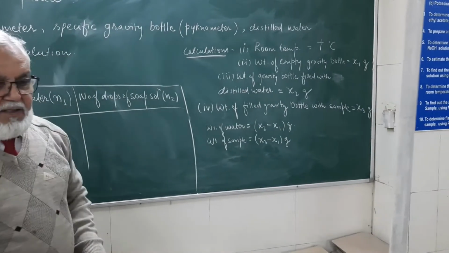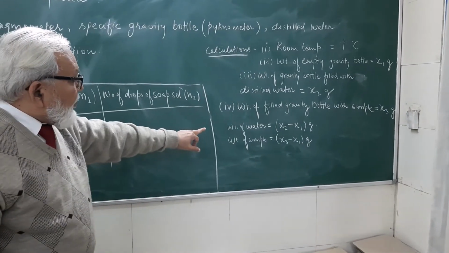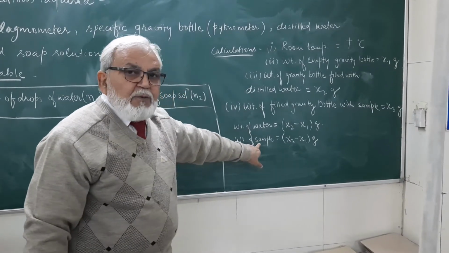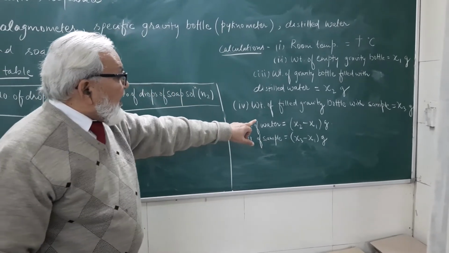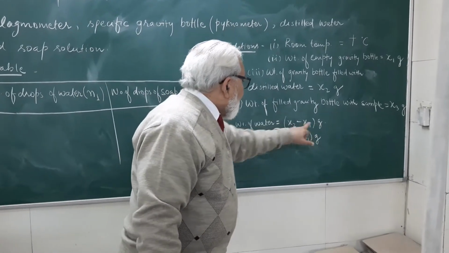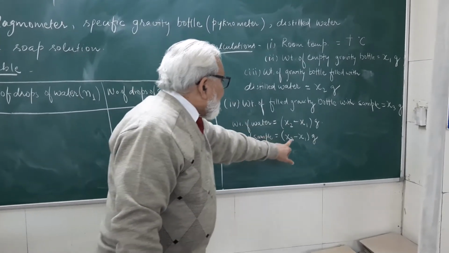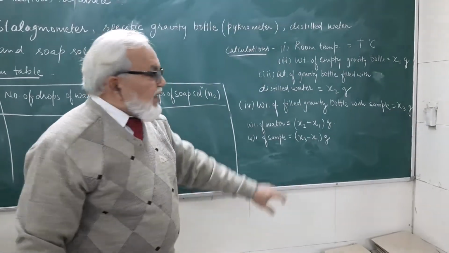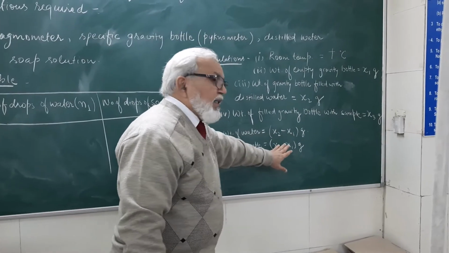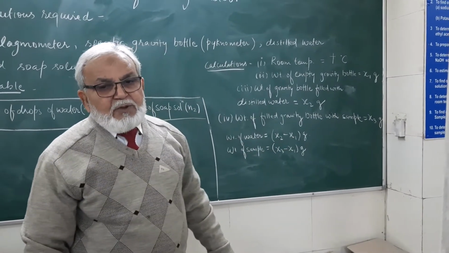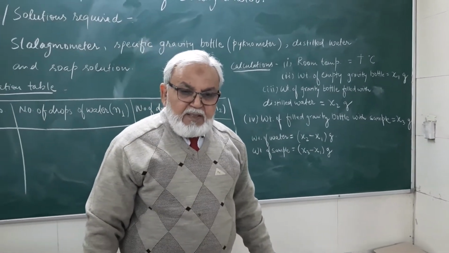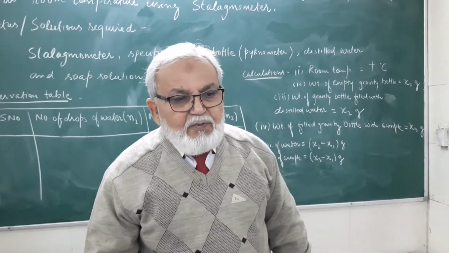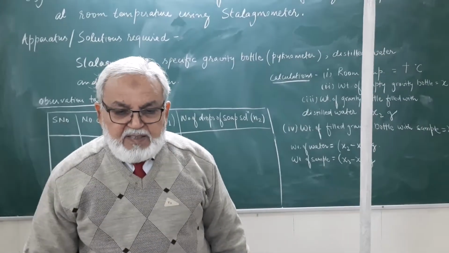So the weights of the distilled water and sample solution are determined as x2 minus x1 for distilled water and x3 minus x1 for the soap solution. These weights correspond to the densities of the two solutions. By this, we will make our calculation using the formula for surface tension.